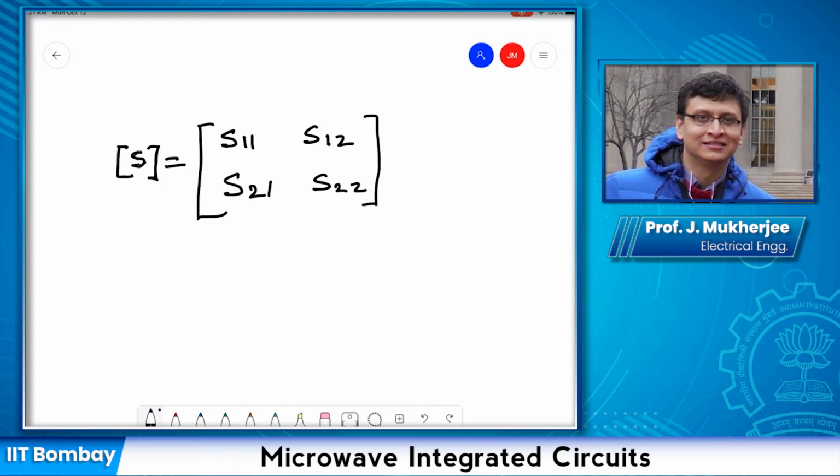Okay, and there are 4 S parameters, which implies 8 unknowns. If it is reciprocal, then my S parameter matrix will be like this.